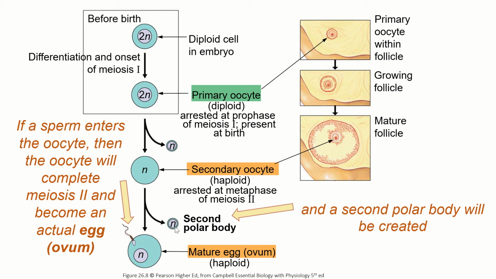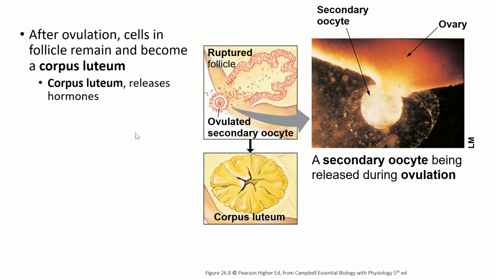That one as well, it's just a plasma membrane and a nucleus, and it will be reabsorbed by the ovary. This one then, if all goes well, will go on to become an embryo and then a fetus and then a baby.